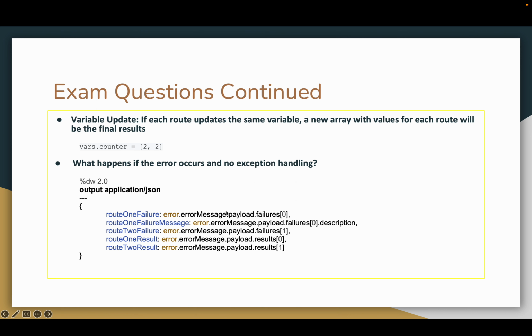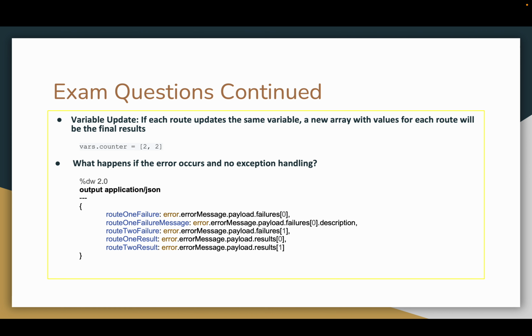The next question they will be asking: how do you access the error if there is an error thrown in one of the routes? So we need to understand how the exception handling works. Basically, you might know from the level 1 test that it has the on error continue and on error propagate.